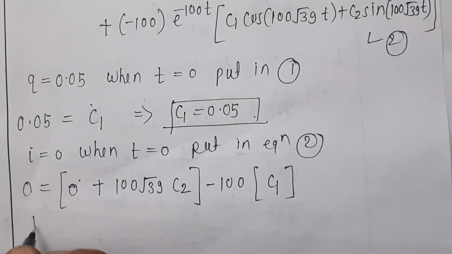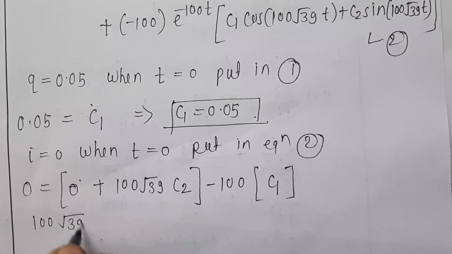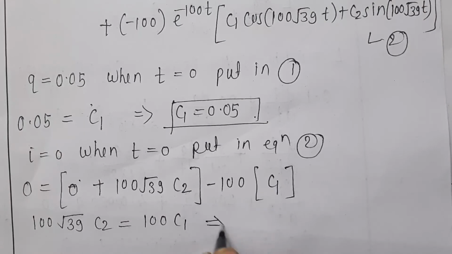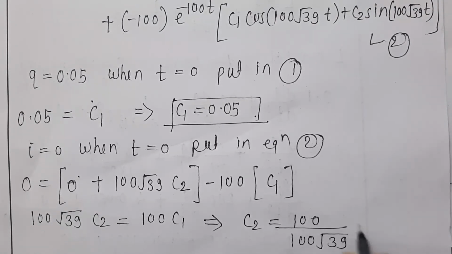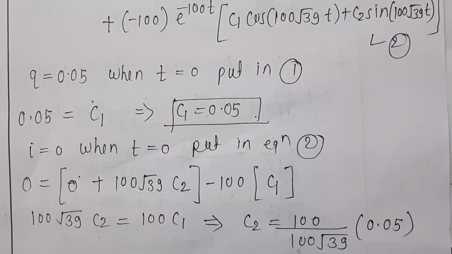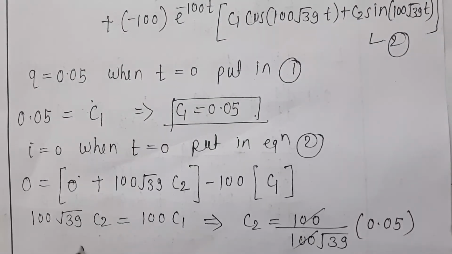So 100 root 39 multiplied by C2 is equal to 100 C1. C1 value is known to us, which is 0.05. So C2 is equal to 100 divided by 100 root 39 multiplied by 0.05. So 100 gets cancelled. C2 is equal to 0.05 divided by root 39. This is the value of C2.